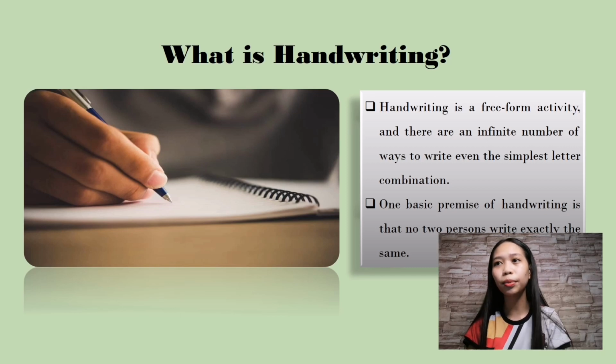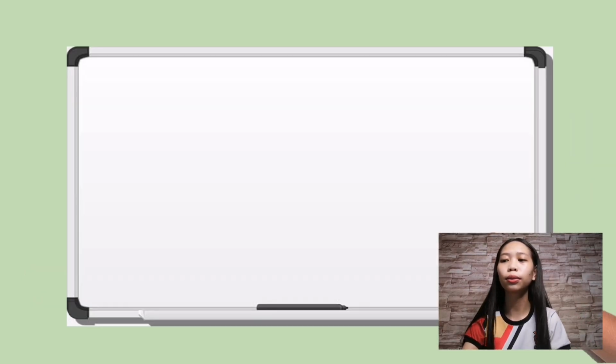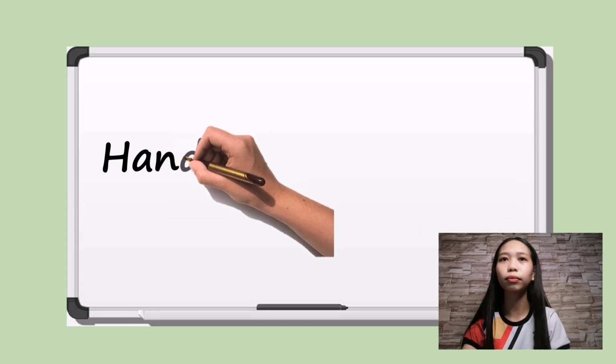Handwriting can be described as a formulation of letters, characters, or symbols using a writing implement or instrument such as pen, according to a recognizable pattern which is designed to communicate with another person. One basic premise of handwriting is that there are no two persons who write exactly the same. I'll further explain this later on. So let's proceed.